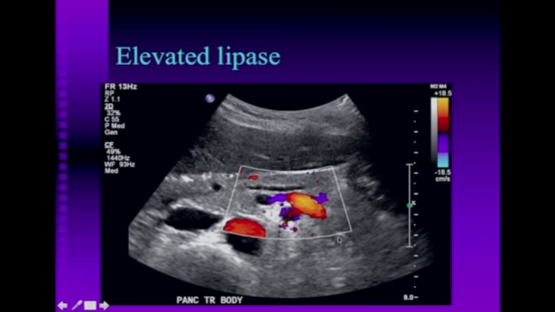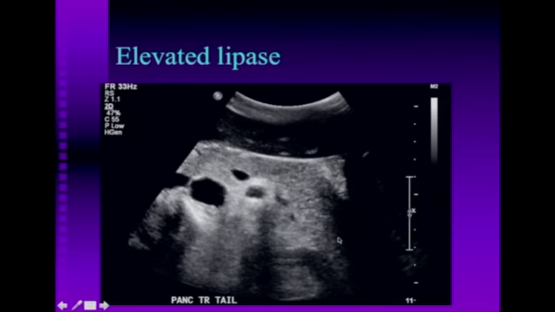And again, the pancreatic body, not as big as we might be concerned if they had pancreatitis. Pancreatic tail can be very variable in its thickness, and so that's not very useful to us. We don't see any of the secondary signs such as collection or adjacent peripancreatic fluid.